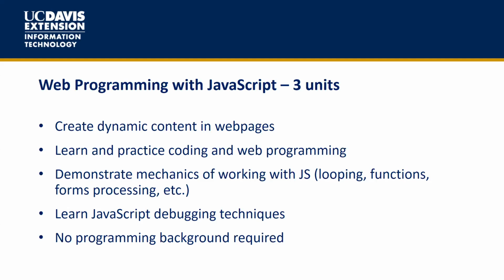We will teach you the most efficient ways to code in JavaScript and how the mechanics of looping in functions and form processing. You'll also be able to work on debugging techniques and learn some tips for finding and correcting incorrect code. So this is going to be where we're going to start to show you more of a dynamic web page.